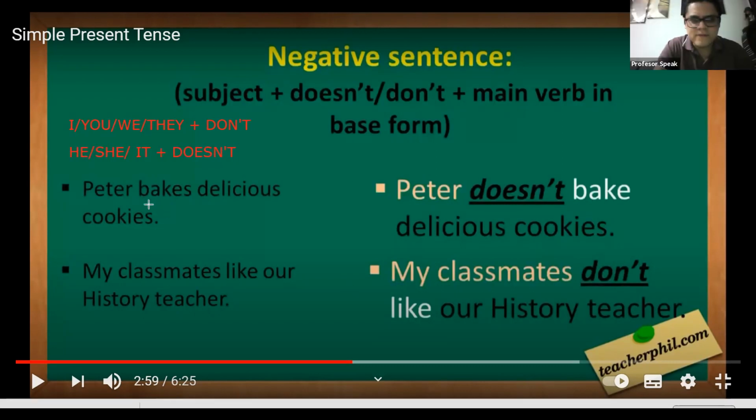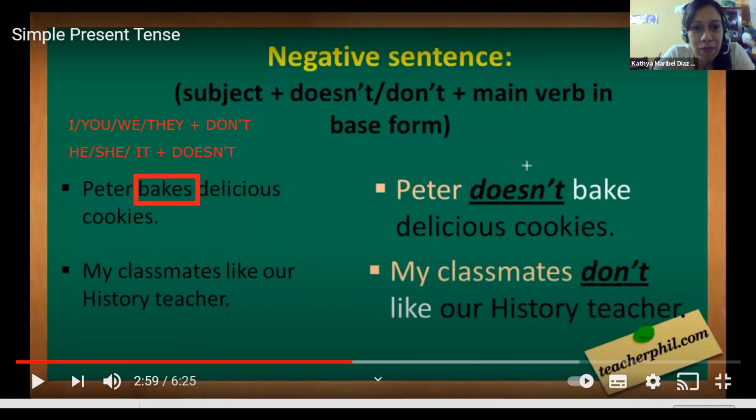Is this sentence positive or negative, Katia? It's positive. Okay, it's positive. Look at this verb. Is this sentence positive or negative? The example Peter doesn't.